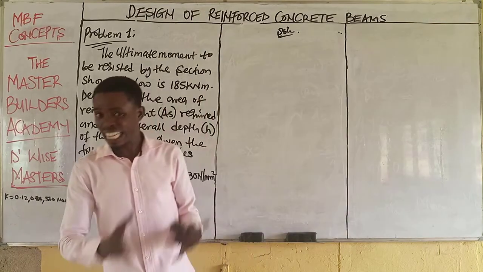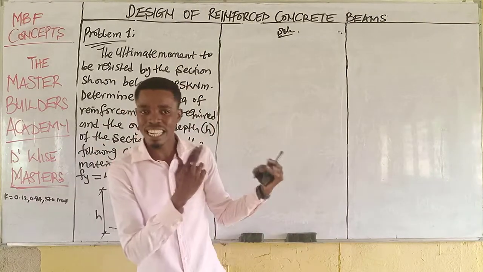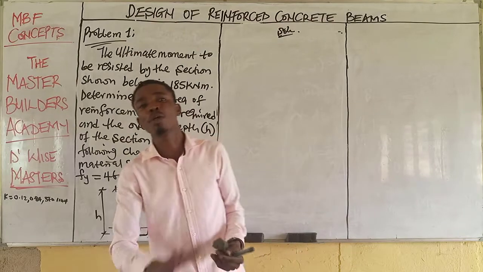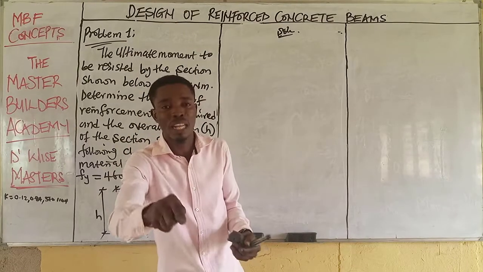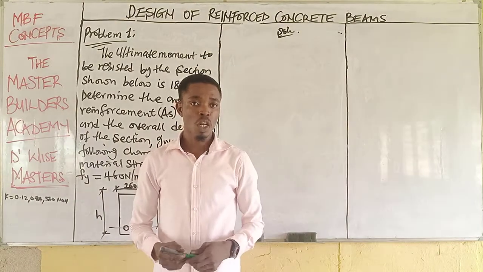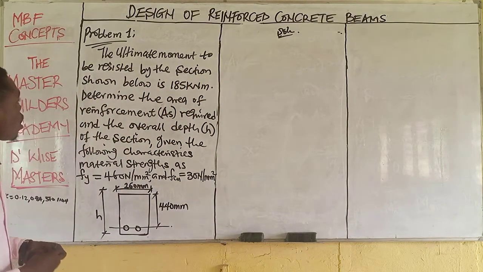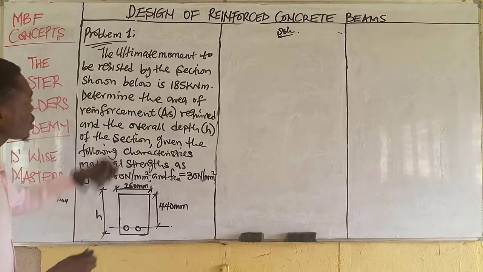This will help you get the relationship between the known and the unknowns. And when you get the relationship between the known and the unknown, then you'll be able to trace the actual formula that will help you provide the necessary solutions. So now let's quickly start by extracting out all the given parameters, both known and unknown.